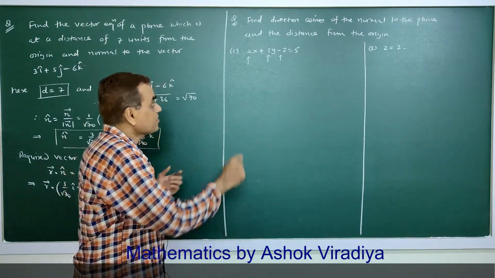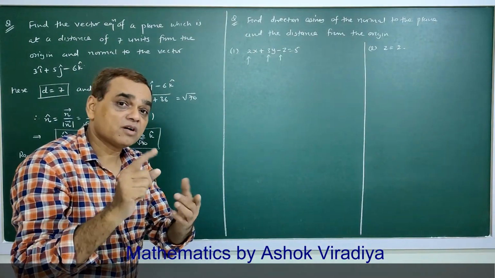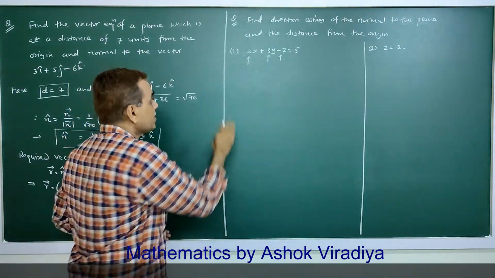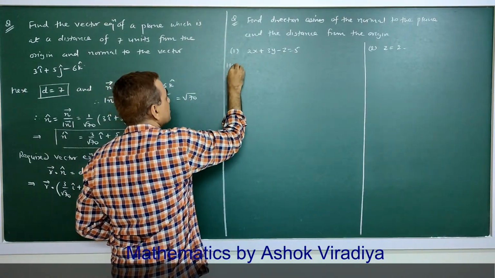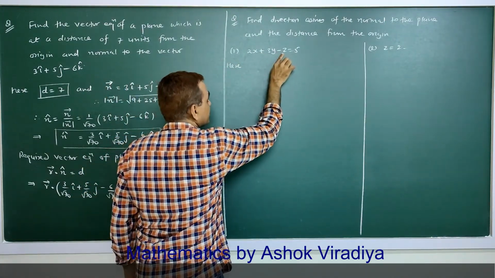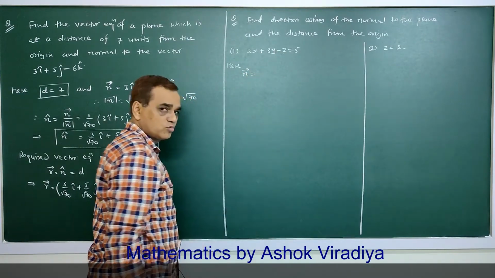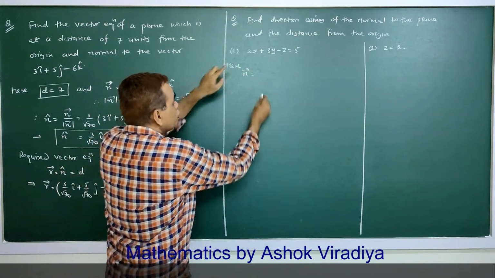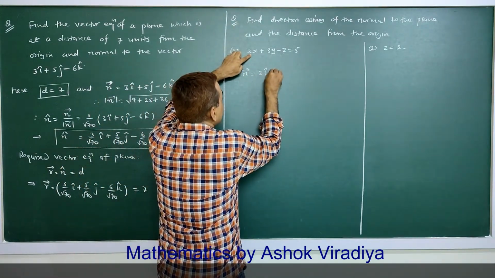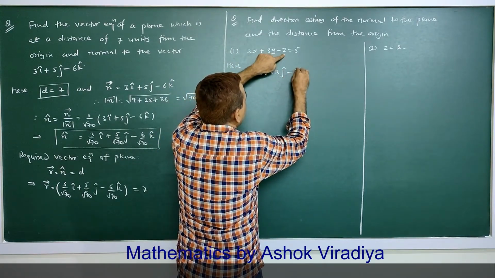So we can say these numbers are direction ratios of the normal. So the normal is, I am not putting a unit normal, simply the normal, 2 times i plus 3 times j minus 1 times k.